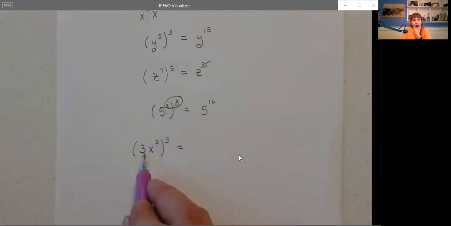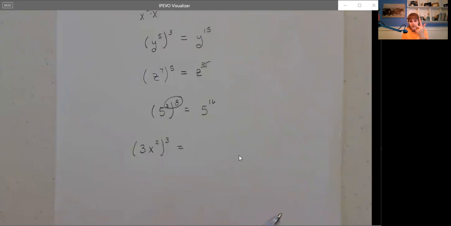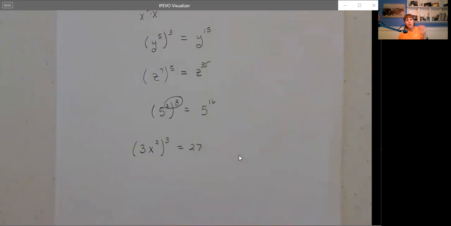I'm going to actually find the number. What is 3 cubed? So when you have a number in front, if they don't say write the entire thing in exponential notation, you go ahead and find 3 cubed. And it's not 9. 3 times 3 times 3 is 27. And it's not huge, so it can be done.